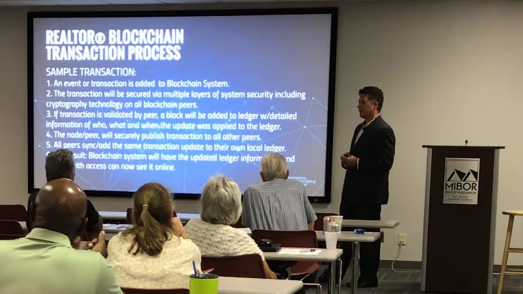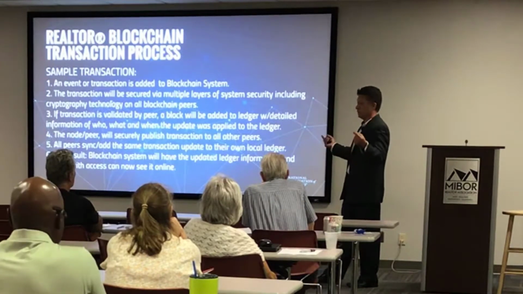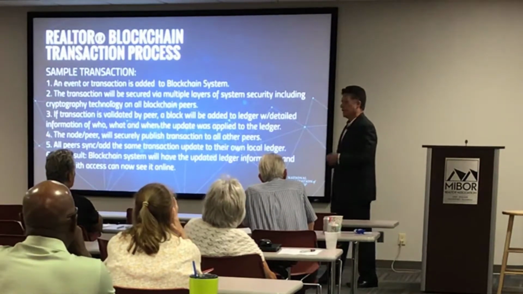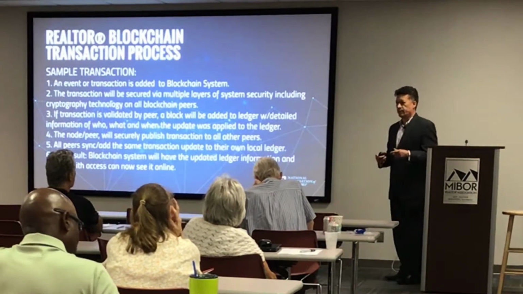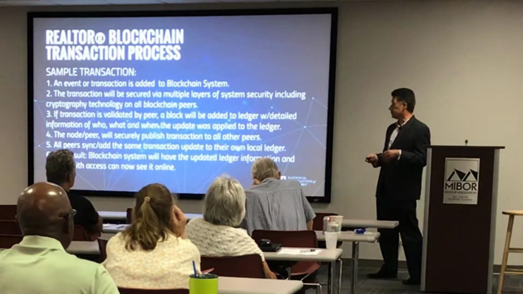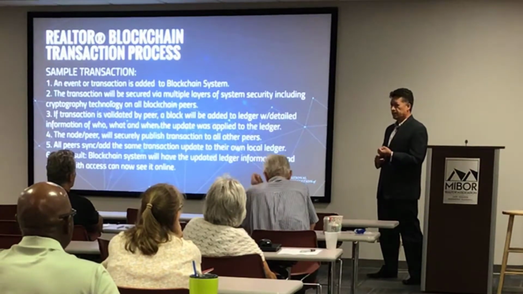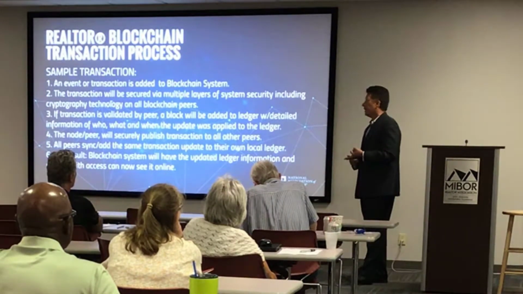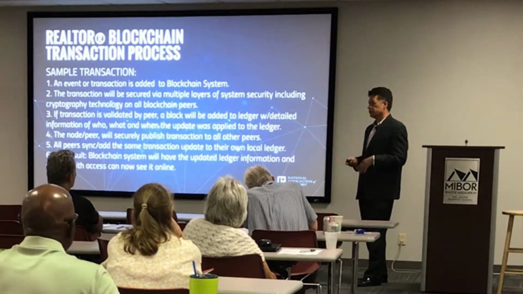As soon as that one gets updated, the one in Massachusetts will instantly see that there's an update to one of the ledgers, grab a copy of the update, and update its own local database. Each one of these peers will have a system built with a database and multiple system components, including the security, and updating itself from the rest of the peers nationwide.